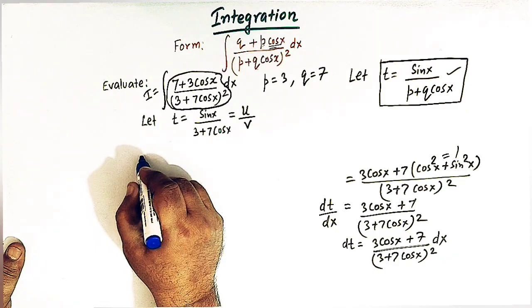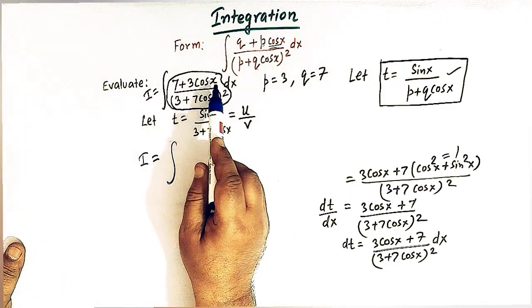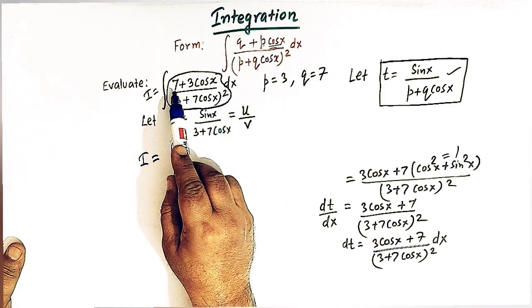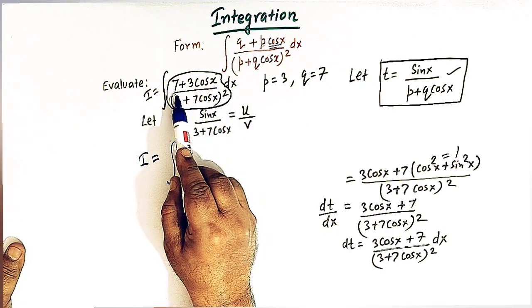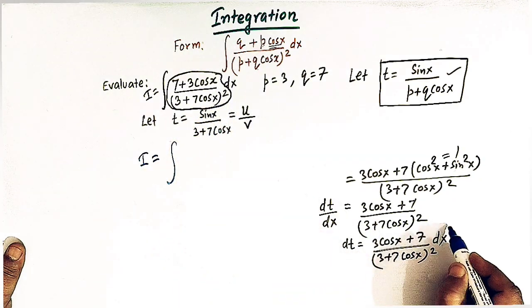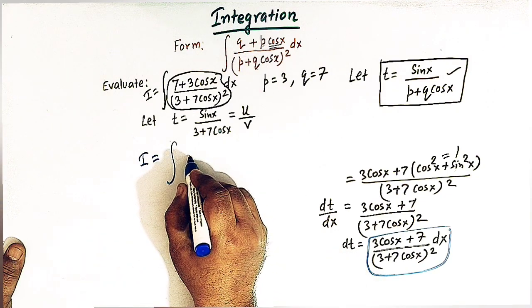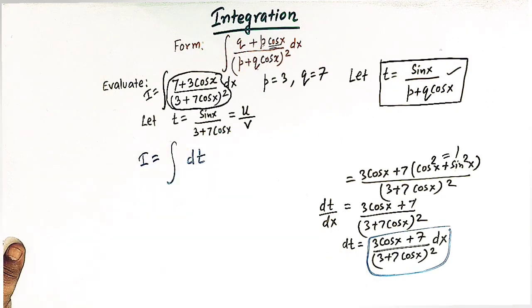So now our integral takes the form here, this entire expression, that is (7 plus 3 cos x) divided by (3 plus 7 cos x) whole square dx. This expression is equal to dt, right? So we have simply here dt.